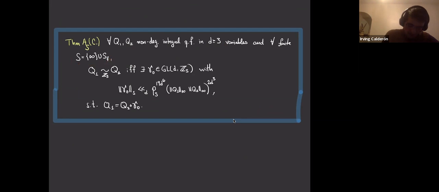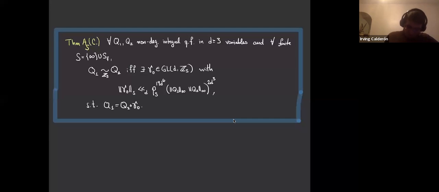Then Q1 and Q2 are Z_S equivalent if and only if there is a gamma_0 in GL_d(Z_S) taking Q2 to Q1, but this time the S norm is bounded again by norm of Q1, norm of Q2 to a certain power. And I show that 2d cubed suffices. But this time there is also a contribution: there is a power of P_S. So P_S to the 19d^6.